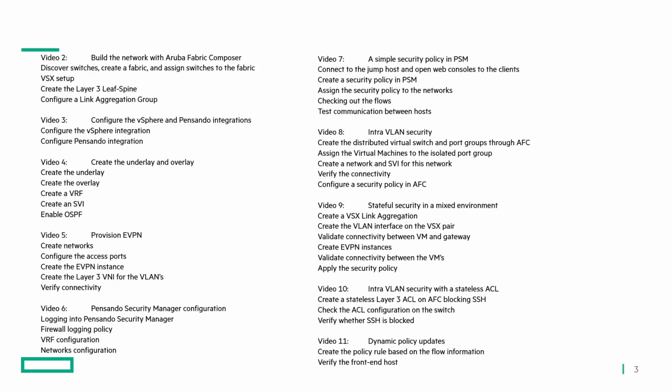Then I will be creating the EVPN instance, also a layer 3 VNI for the VLANs so that we can do routing in the overlay, routing on VXLAN. And then obviously we want to see whether everything works by verifying the connectivity. Okay, so let's start by configuring the networks.